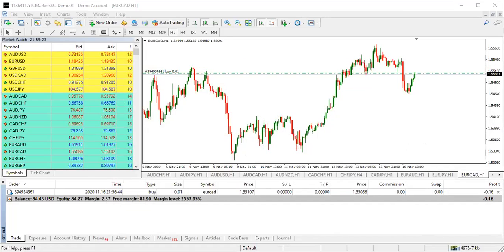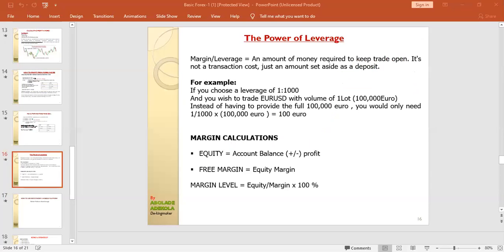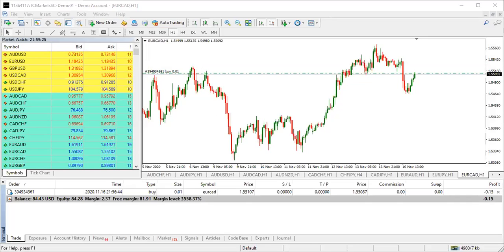Margin level is equal to equity divided by margin times 100. So that is why you have this percentage. You start counting the way it is downward.